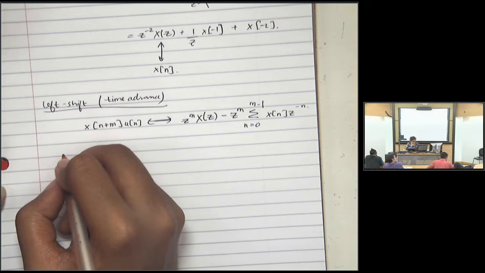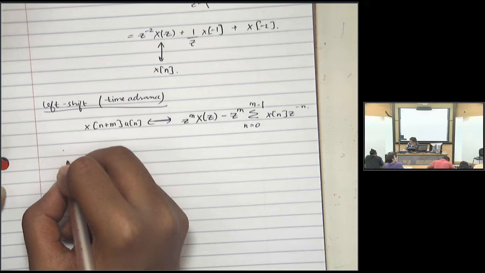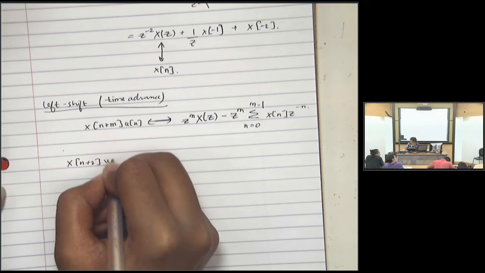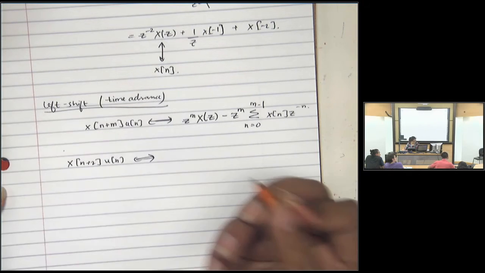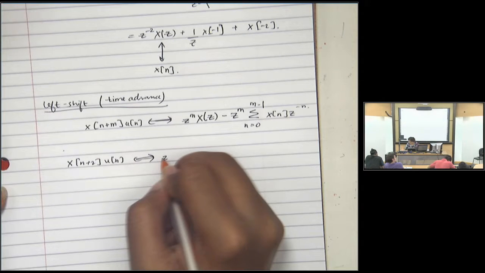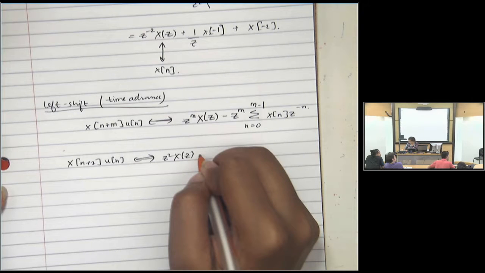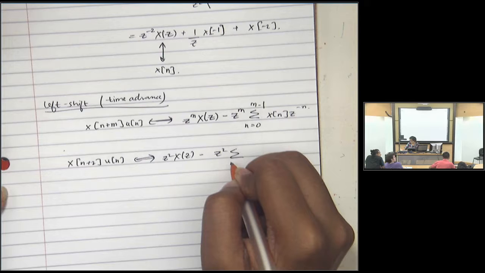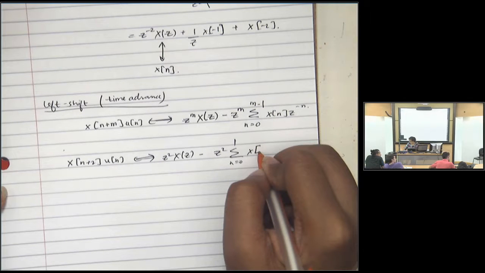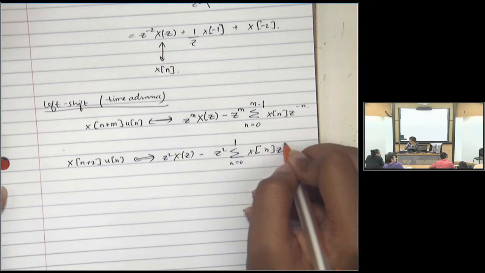Alright, so let's just do a quick example. Let's go with x of n plus 2 u of n. Okay, so m is 2 here, so you'll have z square x of z minus z square summation n equals 0 to 1 x of n z raised to power minus n.